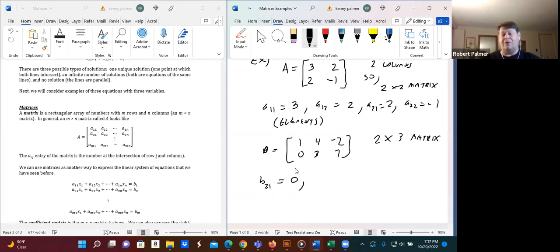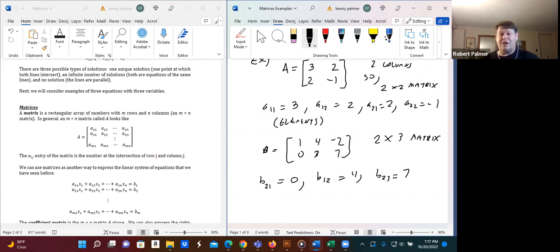That's the element b2,1. How about we also do a couple more? How about b1,2? In row 1, column 2, that's 4. And then finally, b2,3 is in row 2, column 3, that's 7.